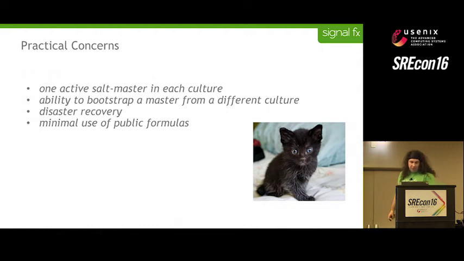Another issue that I found is with most of the public formulas that I've run into. I know that Chef has a number of community maintained recipes. Salt has something called formulas, which is very similar. Puppet has modules. I've found that in all of these communities, there are lots of really interesting modules that are really flexible, but they tend to be very complicated.